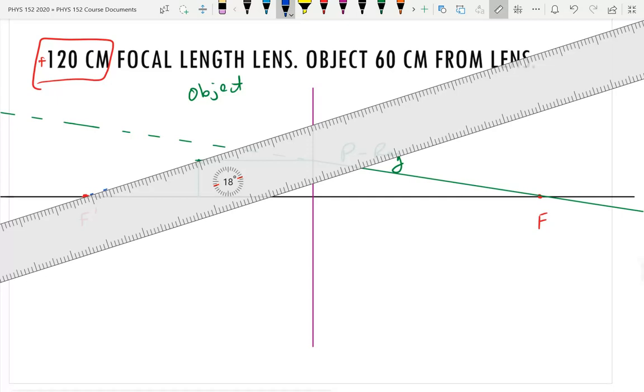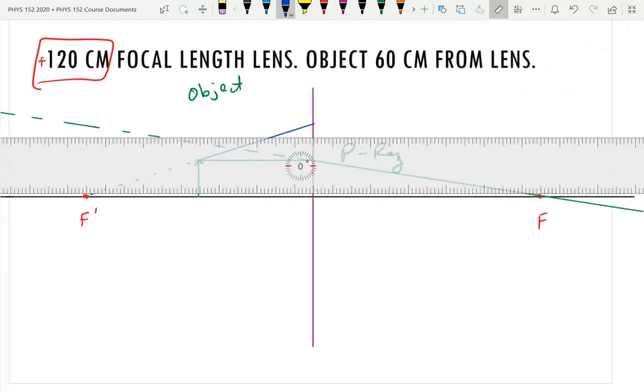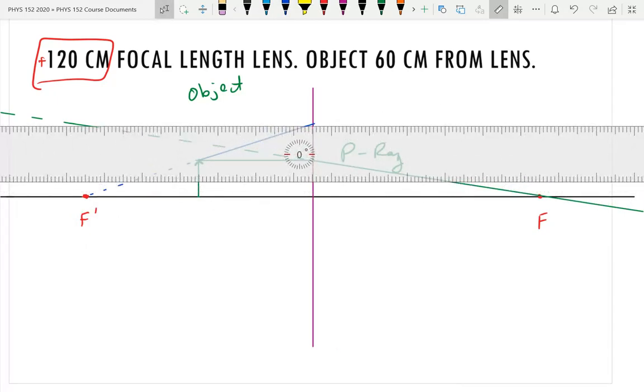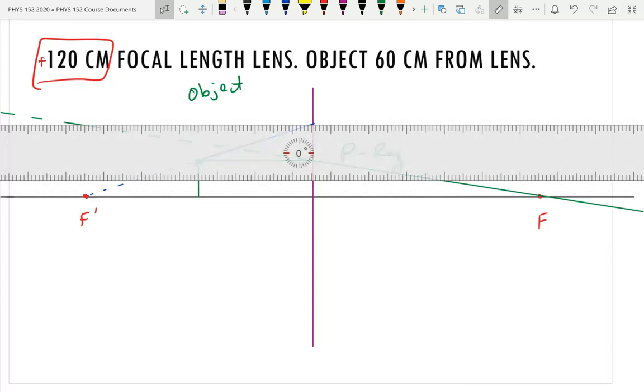So this here, there's no light actually doing that, right? Because it's coming from the tip, goes like this. And how does it come out? Comes out parallel. That is the secondary focal point, yes. The one with the prime.